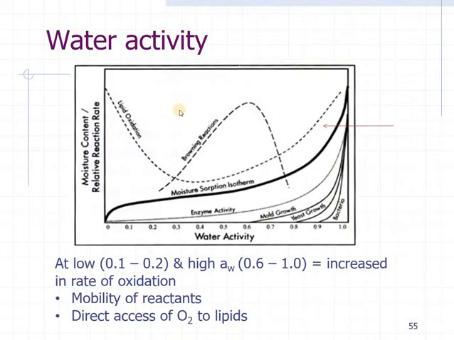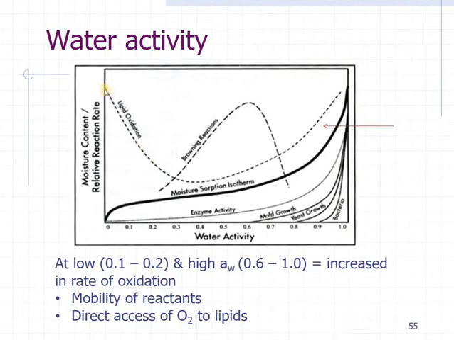And then water activity. Water activity is another phenomenon that is a bit confusing, but we'll just have to go through it. Looking at the relative reaction rates of different chemical reactions, I think you've done this when you were doing water in food analysis too. Here you can see lipid oxidation.